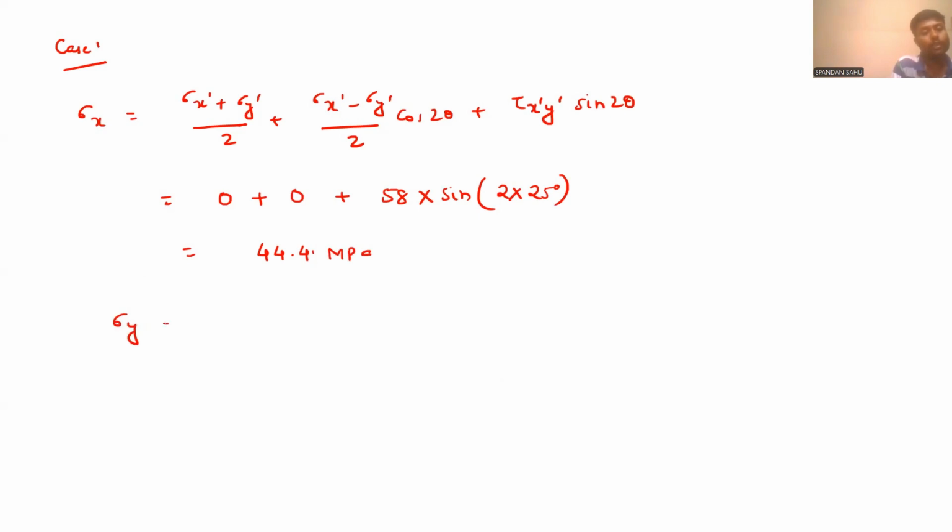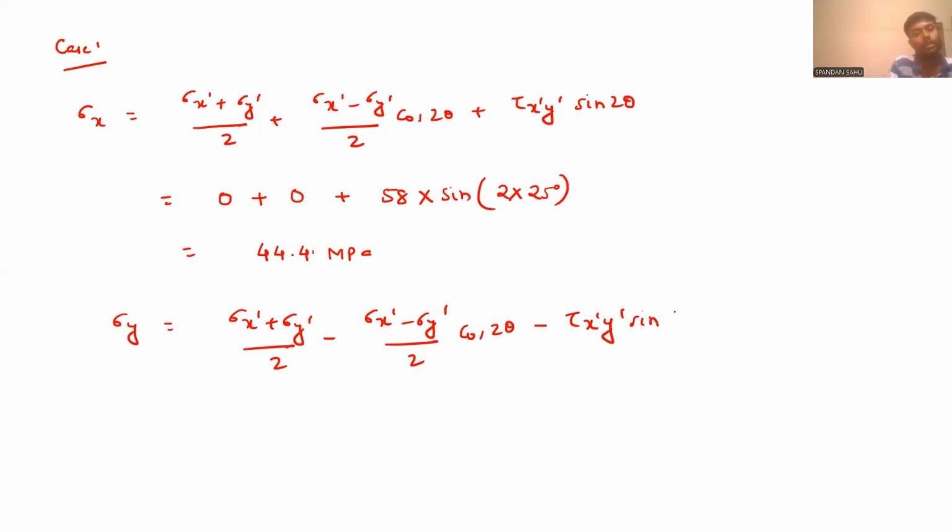Similarly, sigma y will be equal to (sigma x prime plus sigma y prime) by 2 minus (sigma x prime minus sigma y prime) by 2 cos 2 theta minus tau x prime y prime sin 2 theta. So overall, what we will get? Minus of 44.4.